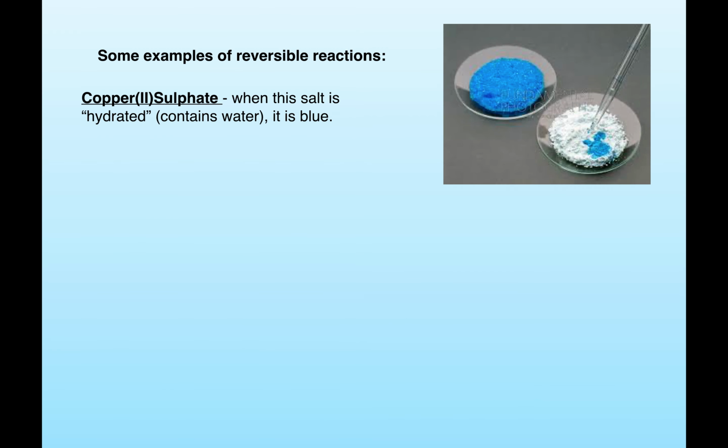Reversible reactions. Now, this is a classic example of a reversible reaction. If we take copper(II) sulfate, it's a transition element compound, and transition element compounds tend to be colored. In this case, when it's got some water in it, it's hydrated, and it's blue.